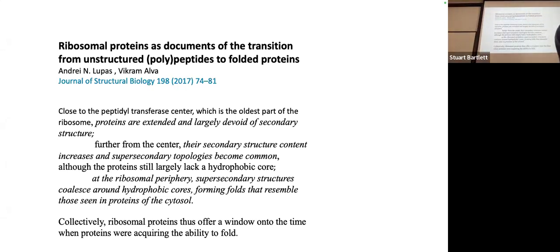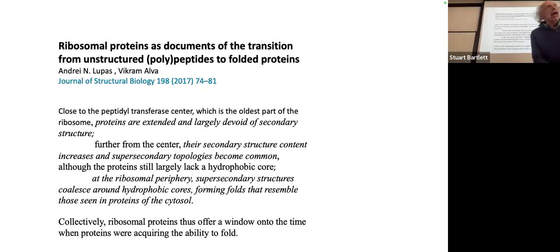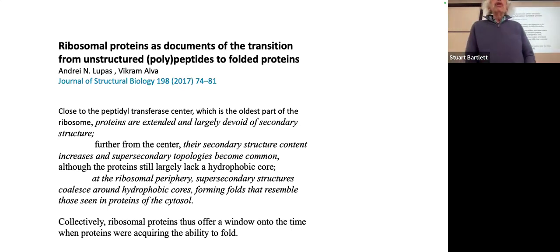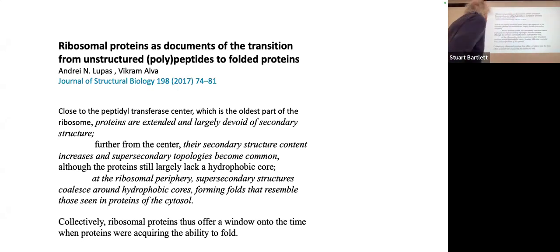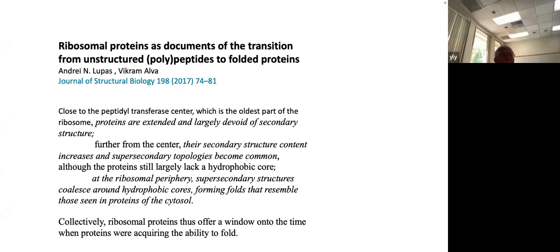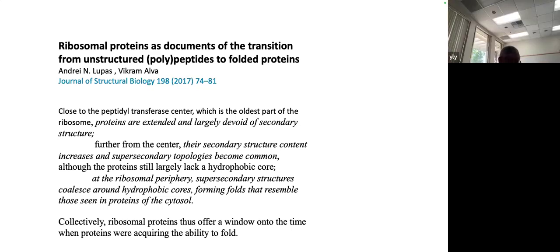That means when you start studying the proteins associated with this RNA system that's evolving, they are made up originally of peptides, and these peptides are put together and start inducing folding, because folding in proteins is a very difficult problem. So it starts off with peptides, close to the PTC site, which I showed you before, which is the oldest part of the ribosome.